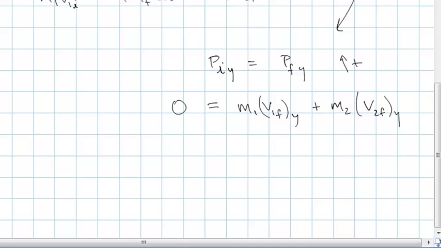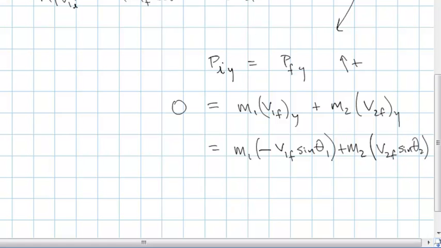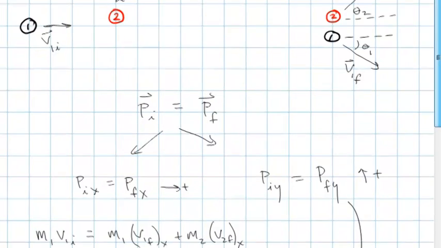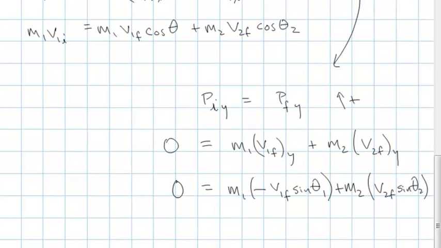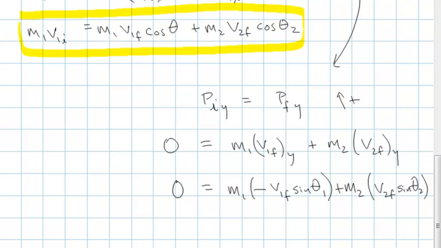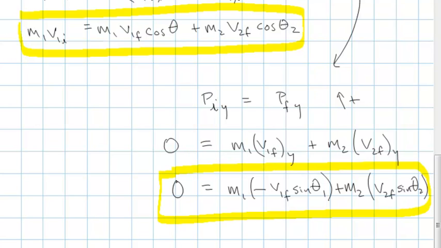And since up is positive, I get m1 times a negative v1 final sine theta 1, and a plus m2 v2 final sine theta 2, because m1 is moving in the negative direction and m2 is moving in the positive direction. Here's my second equation. 2 equations. Hopefully there's only 2 unknowns in the problem, and we can solve for what it is they're asking for.